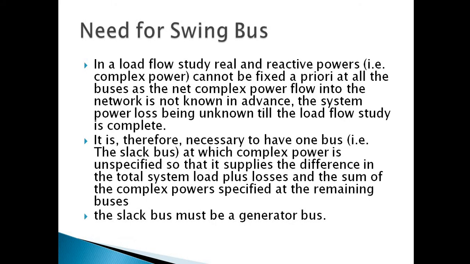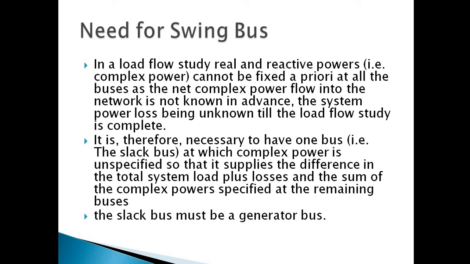Now we will talk about why we need the swing bus. In a load flow study, real and reactive powers, that is complex powers, cannot be fixed a priori, that means beforehand, at all the buses, as the net complex power flow into the network is not known in advance. The system power loss is unknown until the load flow study is complete.